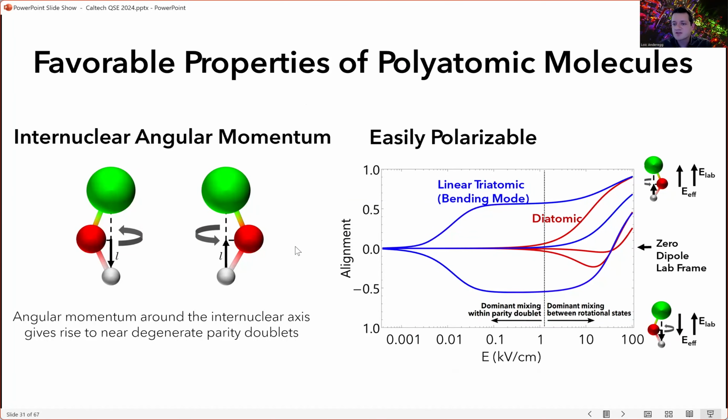It also means that because these parity doublets are closely spaced, we're able to very easily polarize these molecules fully at very low electric fields compared to diatomic molecules. You can see that these molecules can be fully polarized, which means, again, this will reduce the sensitivity we have to any change or noise in the electric field that we apply.